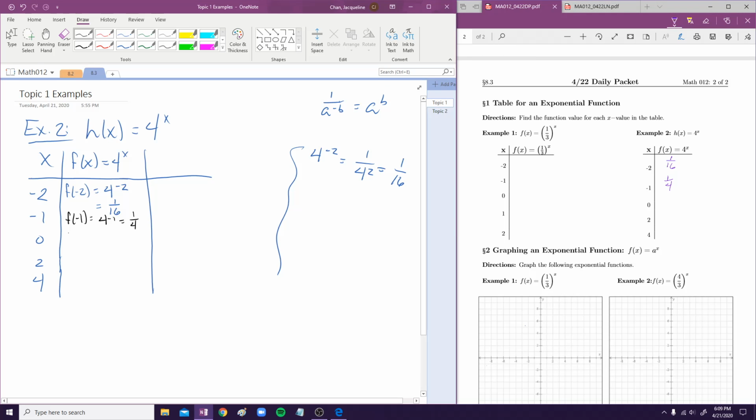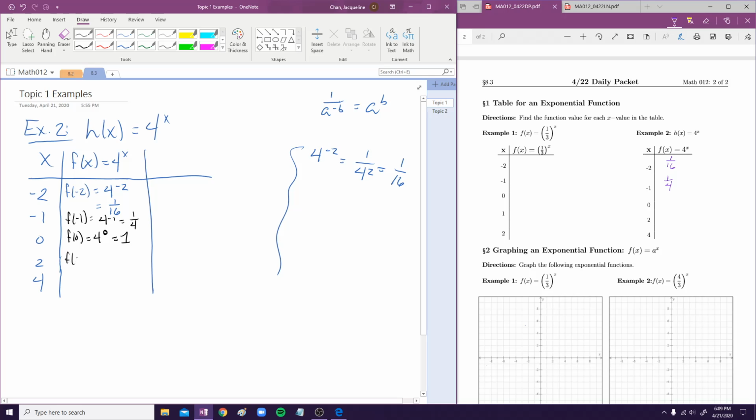And then f of 0 is 4 to the 0. What do we know about anything to the 0 power? If the base isn't 0, then our answer is 1.